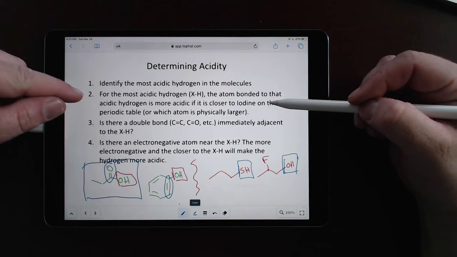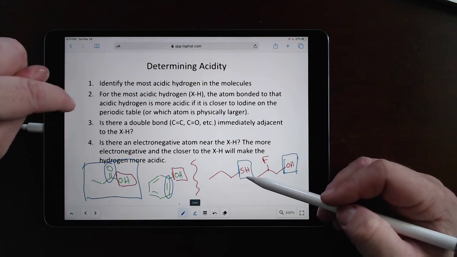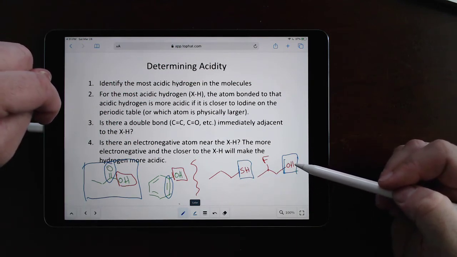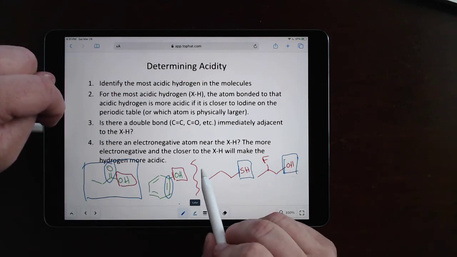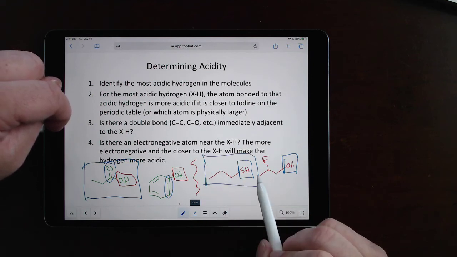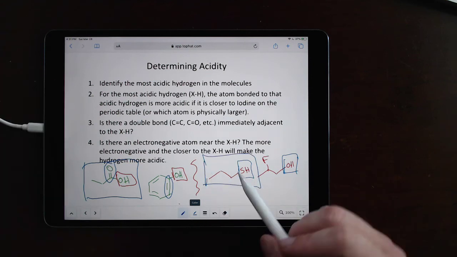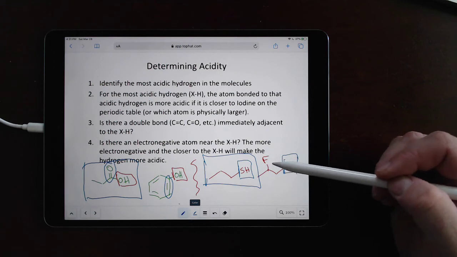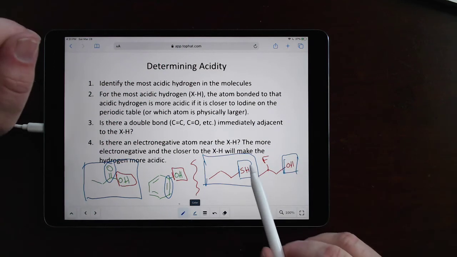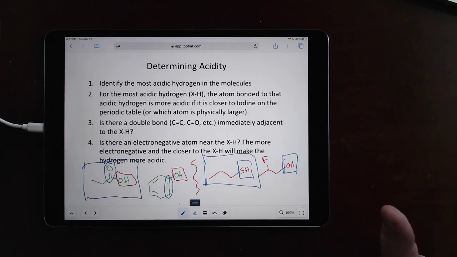SH is much bigger than oxygen, so it is going to be the more acidic molecule. So even though you've got the fluorine here, that doesn't matter. This one is going to be a lot more acidic, so you just stop.